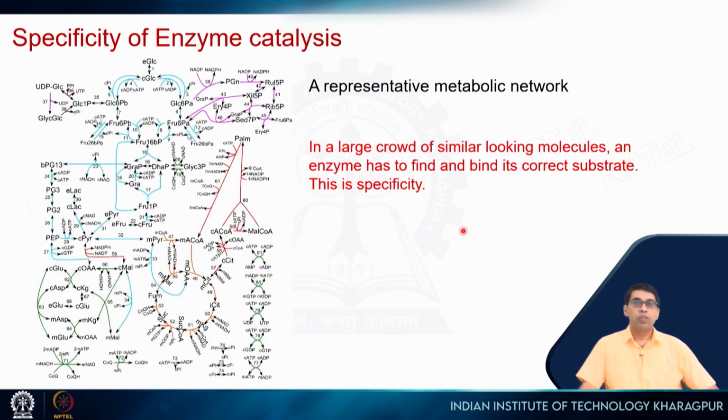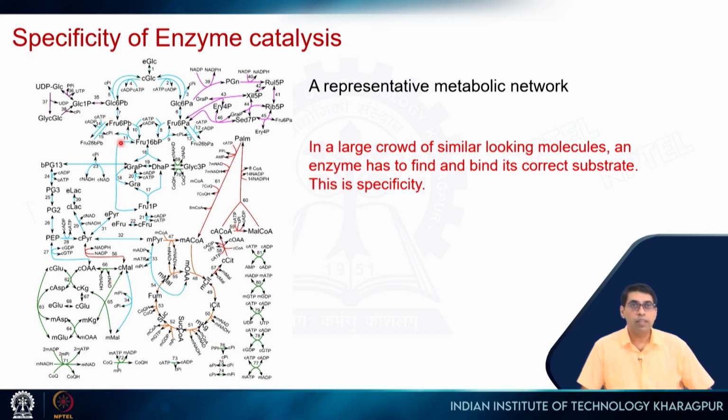Okay. So apart from that, enzymes also have to bind their substrate with high specificity. So this is one example, and we will see this in more detail when I talk about metabolism and bioenergetics later. So these are different molecules which are converted, so this will be a substrate, this will be a substrate, this will be the product.